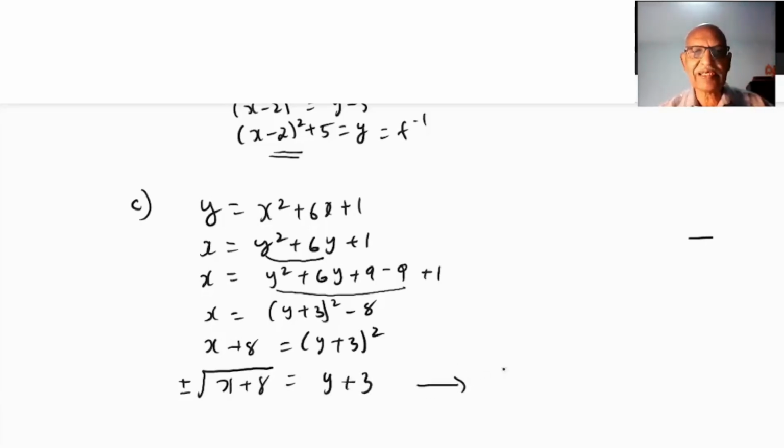From this one, I say y equals plus minus square root of x plus 8, minus 3. And this is the inverse of this. Okay, that's all about inverse relations.